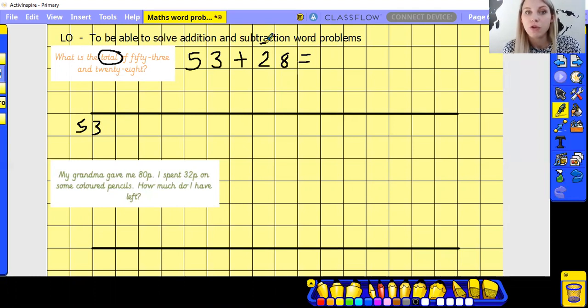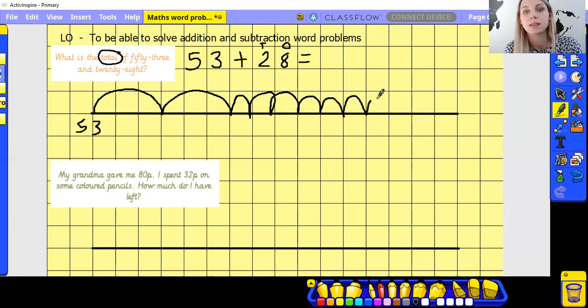So I've got my tens and my ones. I'm going to do my tens jumps first of all. It's easier to do this on squared paper if you have it. And a tens jump is usually around 3 squares. Okay, so I need 2 tens jumps. 1, 2, and I need 8 little ones jumps, just 1 square. 1, 2, 3, 4, 5, 6, 7, 8.